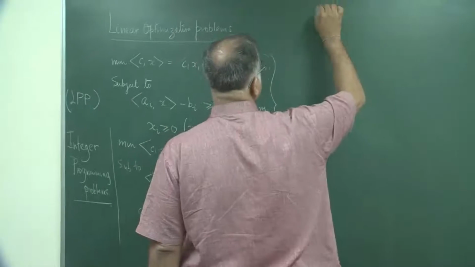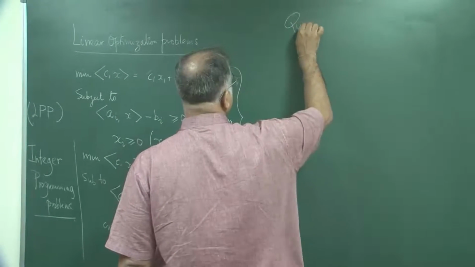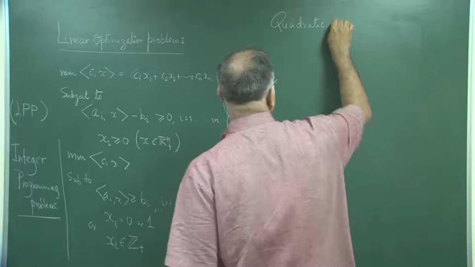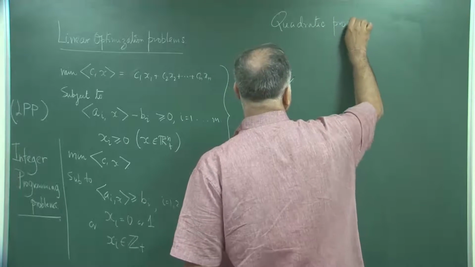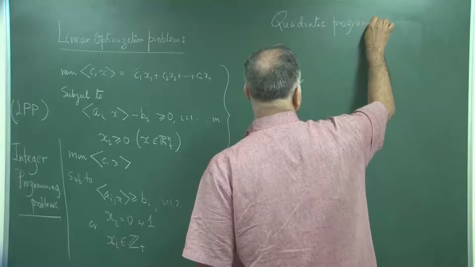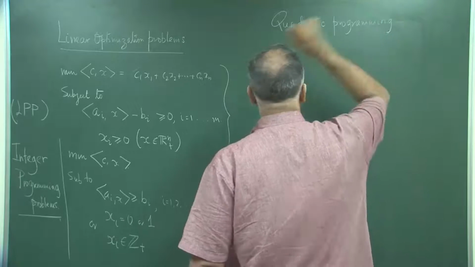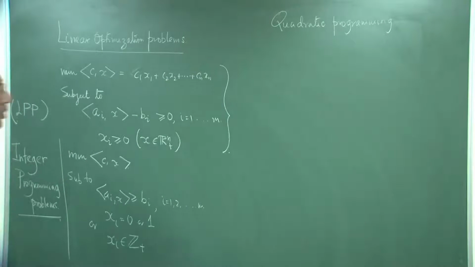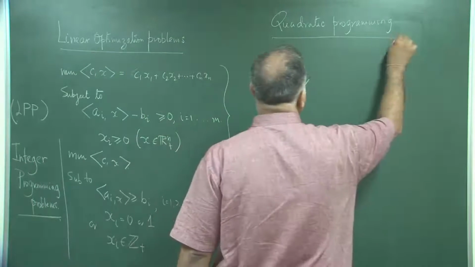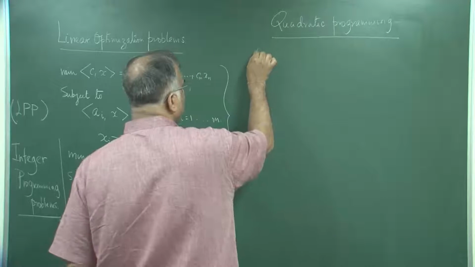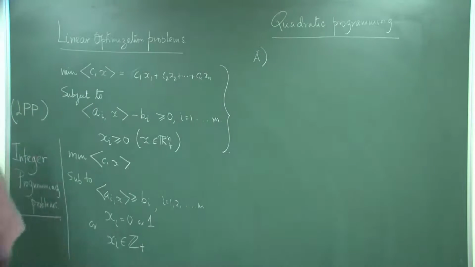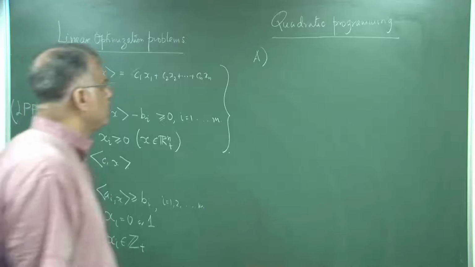Now we come to the two classes of quadratic programming problem. The portfolio optimization problem that will start in the next lecture would essentially consist of quadratic programming problems. So type 1 is the quadratic programming problem under these sort of affine constraints or linear constraints, whatever you want to say.